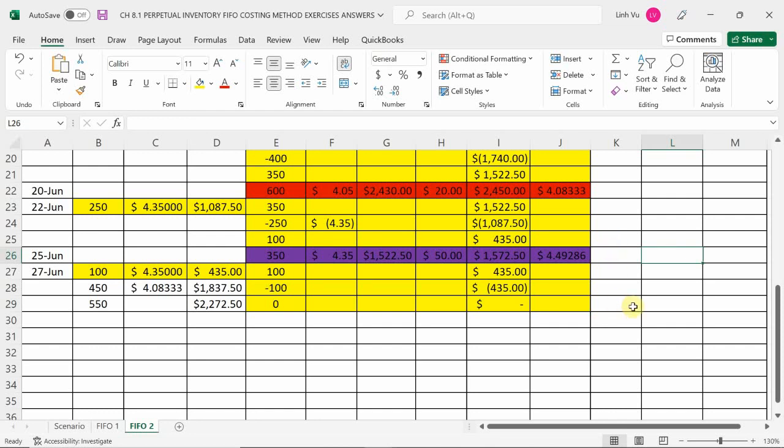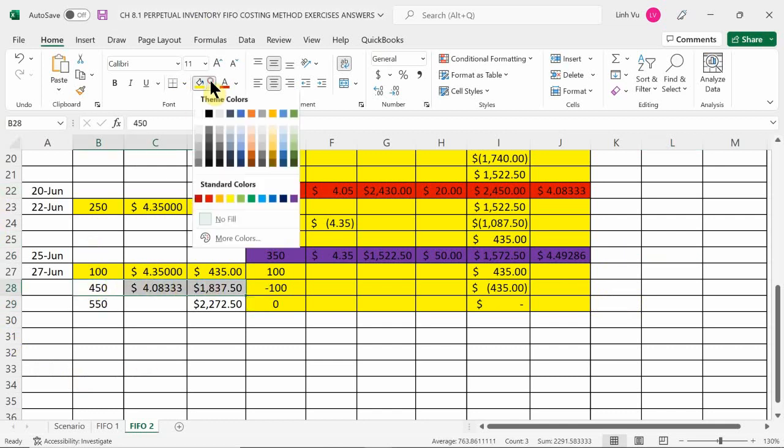Okay, 1837.50. There you go, 1837.50. And this was my red batch of inventory.